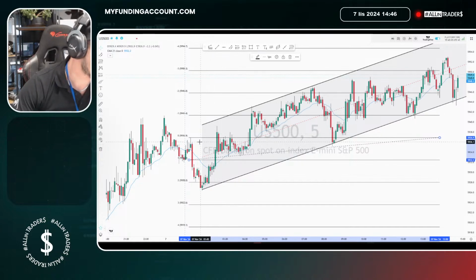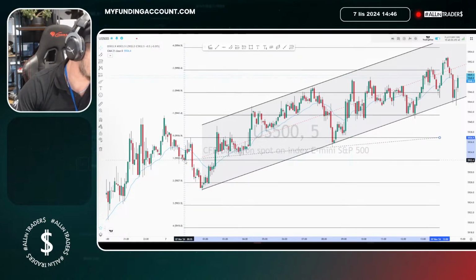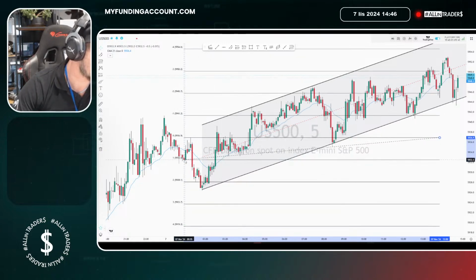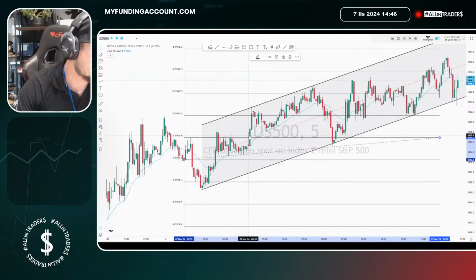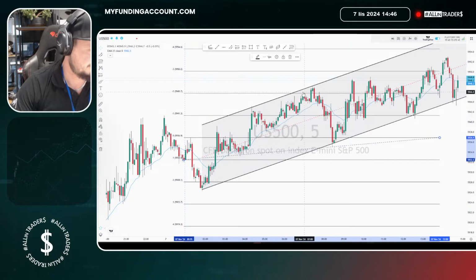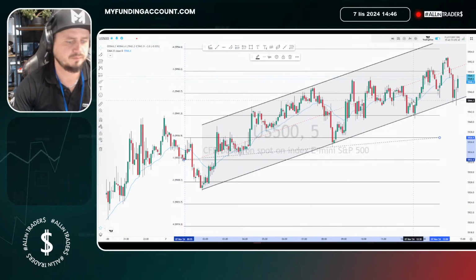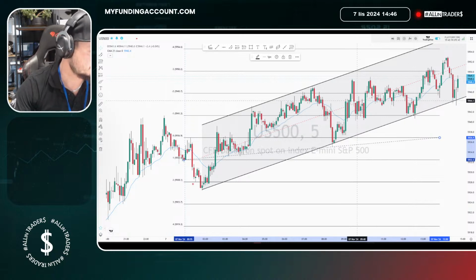So how does this first swing work? Let's check it out. Here we had reaction, few reactions here, reaction here. It is not perfect. Here we had some reactions.